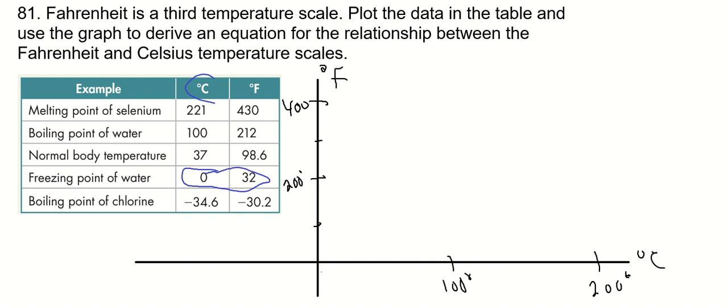All right, so now we can plot this. Zeros are the best. 0 on the x-axis is right over here, and that's about 32 up on the y-axis, right around there. So there's my point for that. Let's just work our way up. 37 is right around there maybe, and that's almost 100, so a little less, maybe around there.